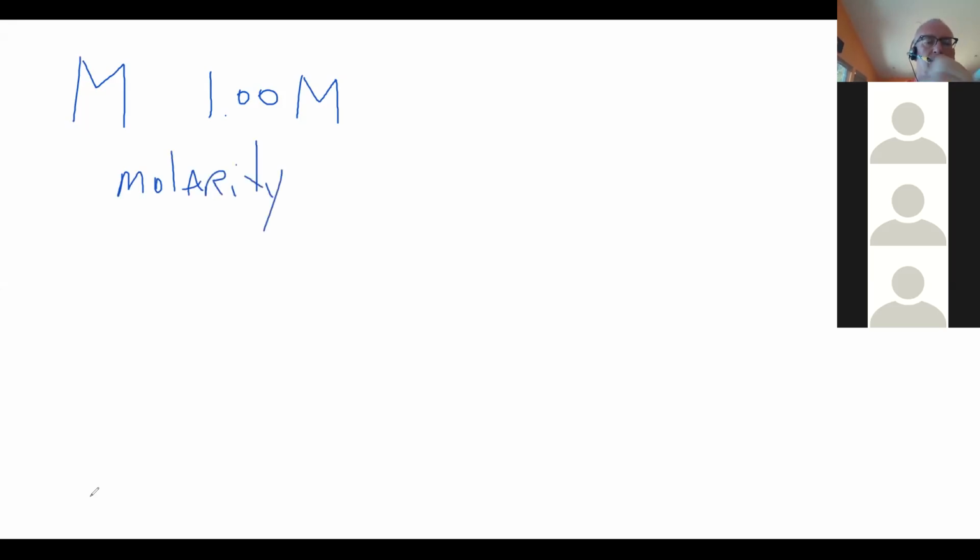You're going to see a solution, and it's going to say something like, this solution is 1.00 capital M. Does anyone know what that means? This is a measure of molarity. Anyone know what molarity is?